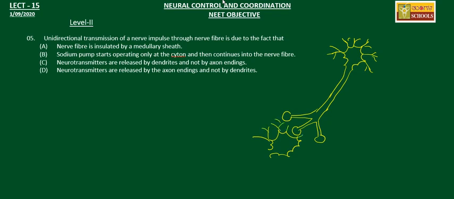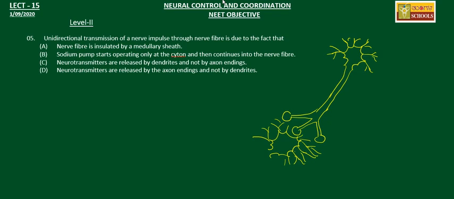Here the synaptic knobs, or the axon terminals, will be lying on the dendrites or cyton of the next neuron.